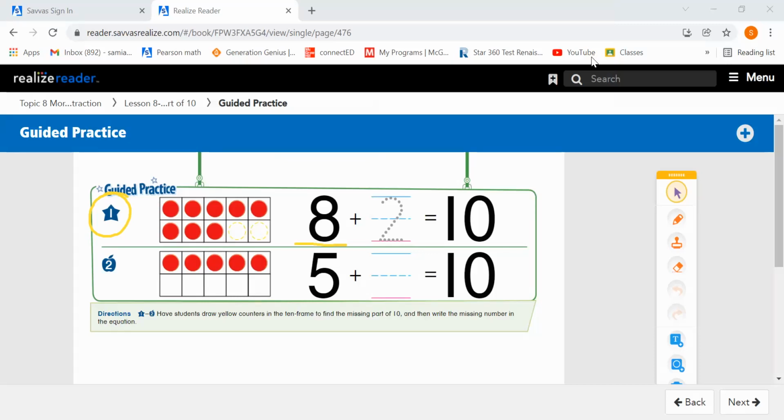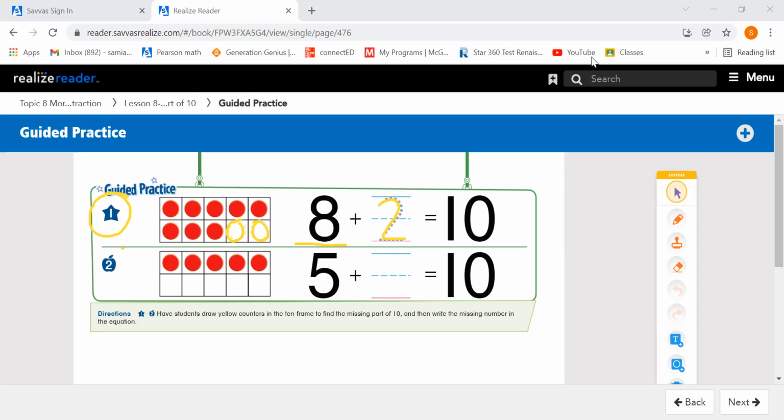So we know that there are 8 red counters. Let's add yellow counters. So we count on from 8. 8, 9, 10. So how many yellow counters did we add? 2. So let's write a 2 in our equation. 8 plus 2 equals 10.